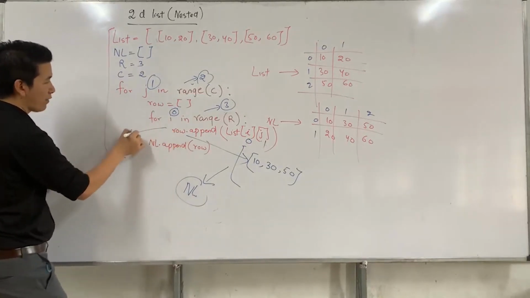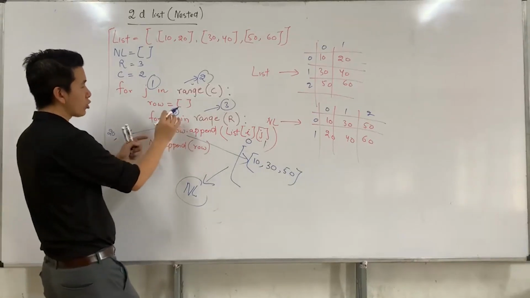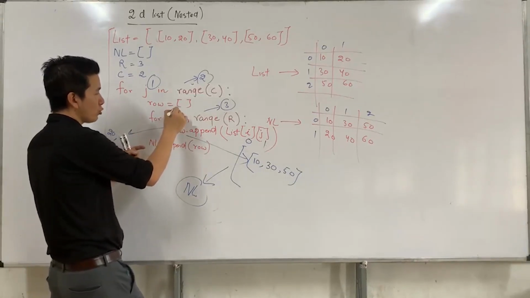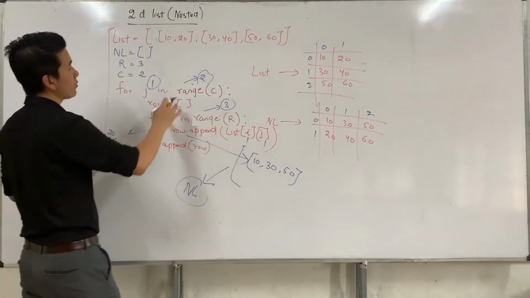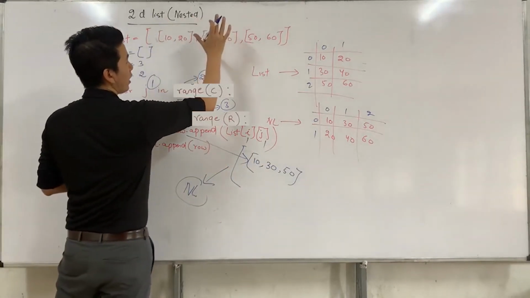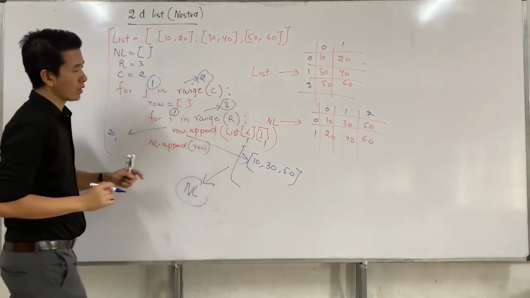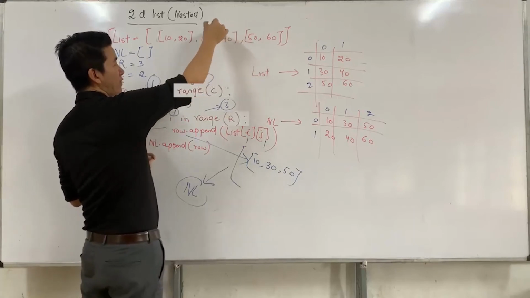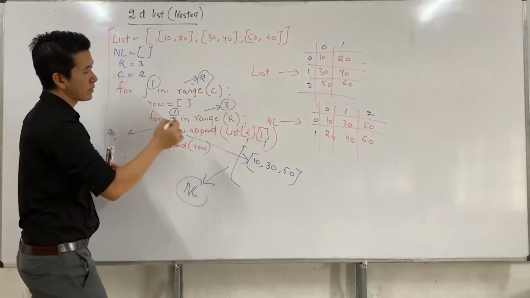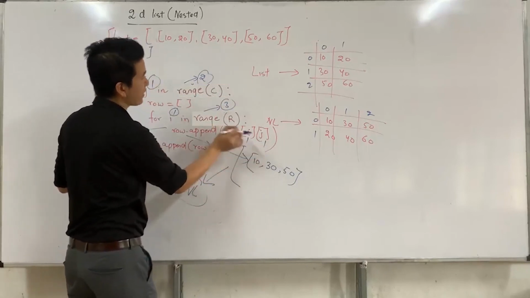Row will now have 20, okay? And then once it goes up, the value of I will change to 1. So this time it will be 1 and 1. 1 and 1 means 0, 1. 1 means this element is at the first index, and then among these two, 40 sits at the first index.